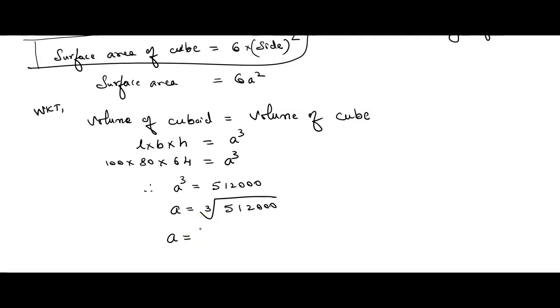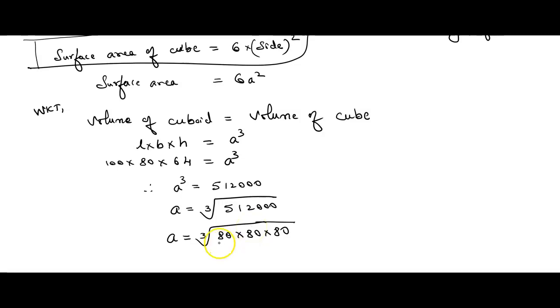So we can write like this, A is equal to, can you tell me? I mean to say, forget about 3 zeros. 512. It means 5,12,000 they have given. That is cube root of 80 into 80 into 80 will become 5,12,000.